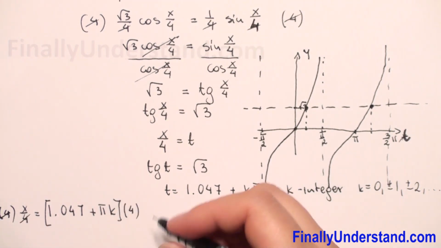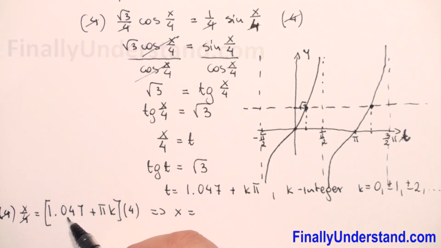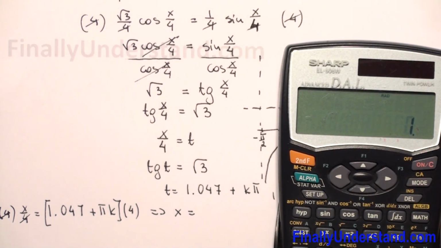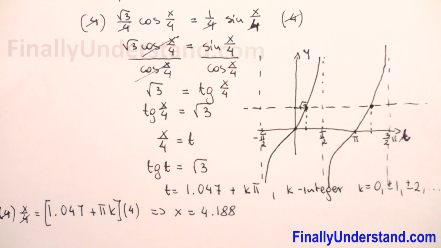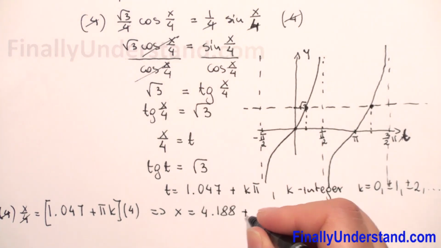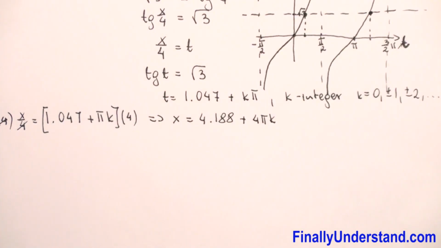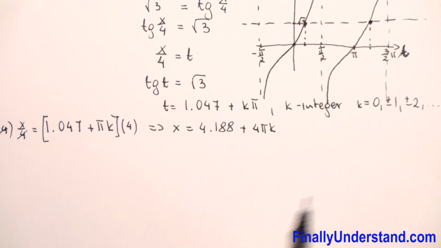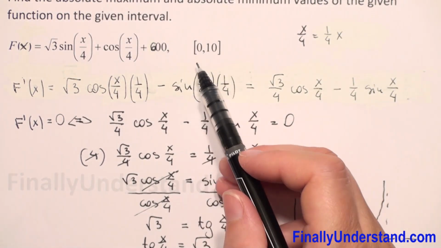This 4 and 4 will reduce, so we have x is equal 4 times 1.047. So this is equal 1.047 times 4 is 4.188 plus 4 pi k.